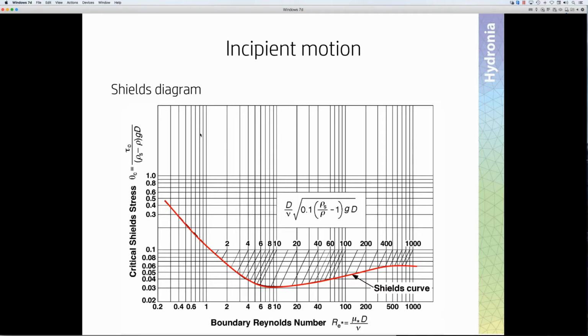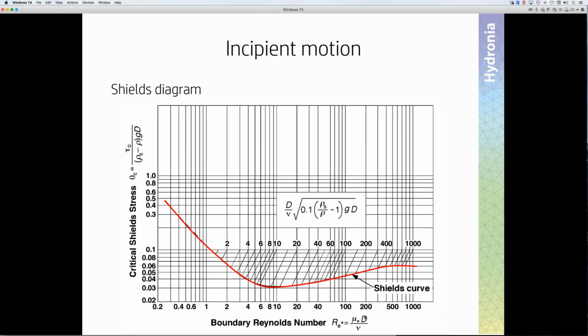And there is a diagram, called the Shields diagram, that can be used to determine if a sediment particle can be incorporated or moved by the flow or not. This is the Shields curve.